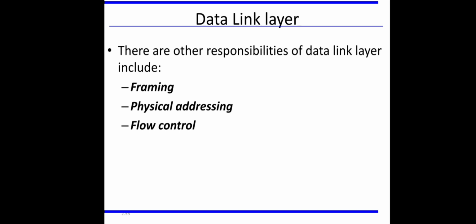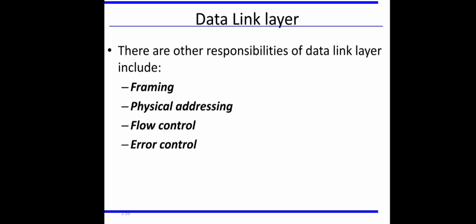That should be addressed by the data link layer, and some flow control mechanism will be imposed. The speed difference between the sender and the receiver will be handled using some flow control mechanism.